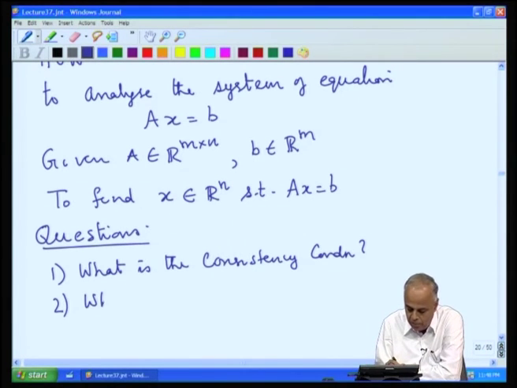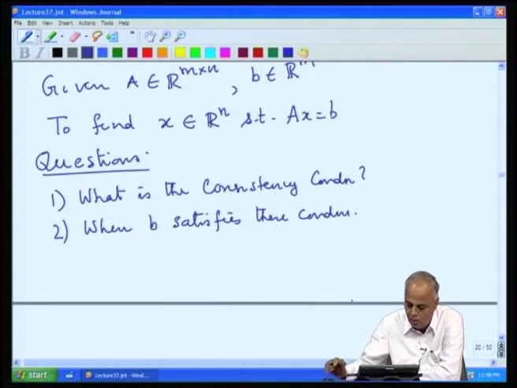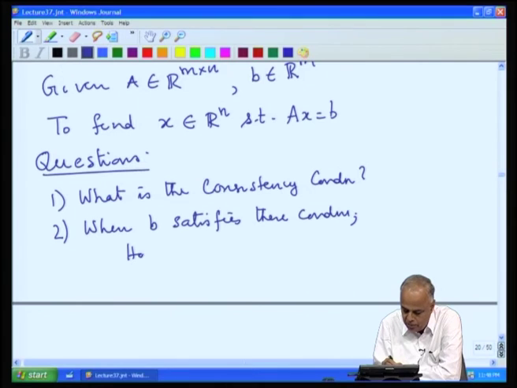Then when b satisfies these conditions, we want to know how many solutions.